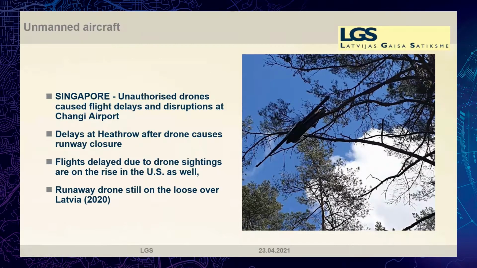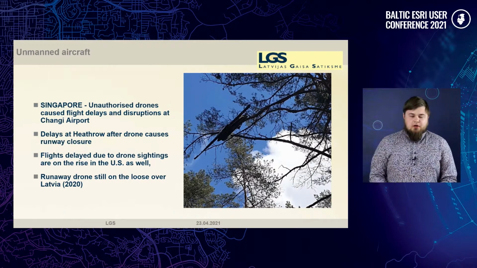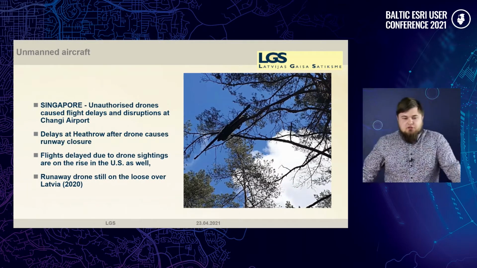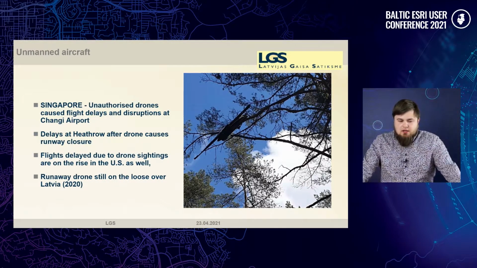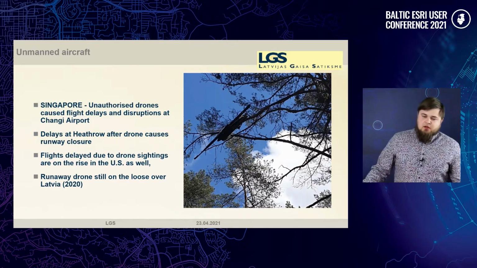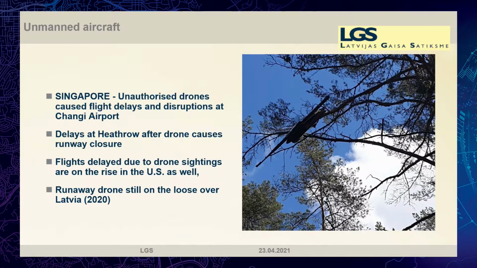I think everybody has read or heard something, these types of articles in news portals. In Singapore, an unauthorized drone caused flight delays and disruptions at Chennai airport, or some other delays at Heathrow, or in the US as well. And last year, we also had a major incident.